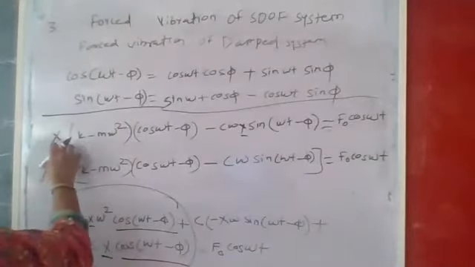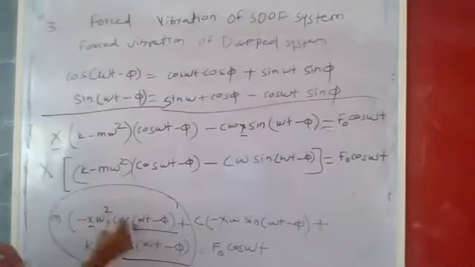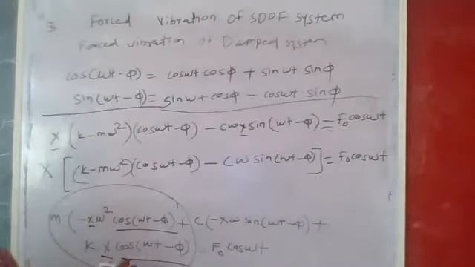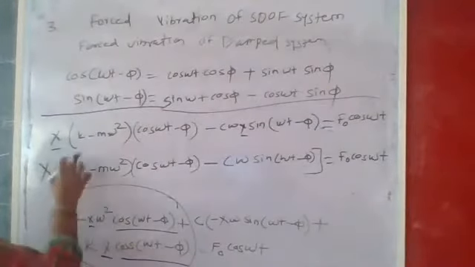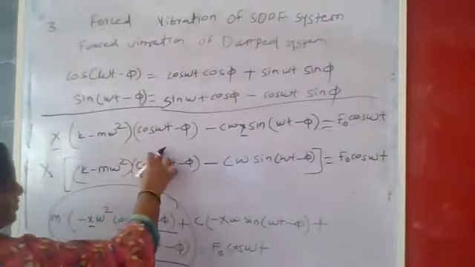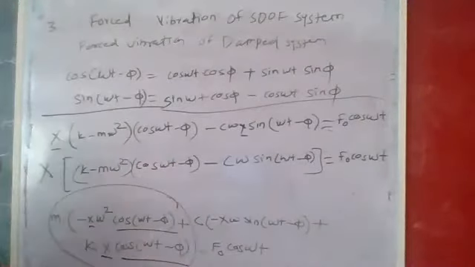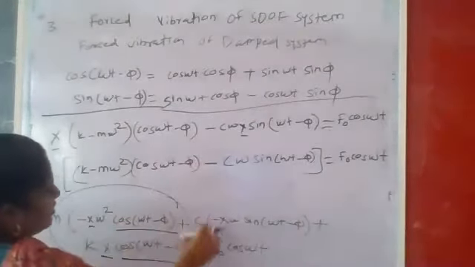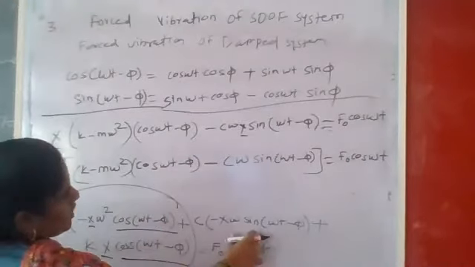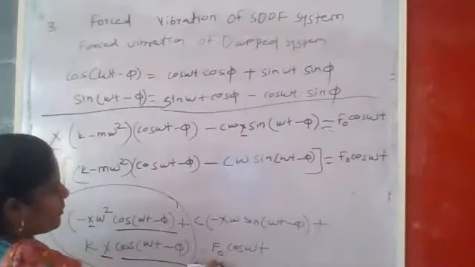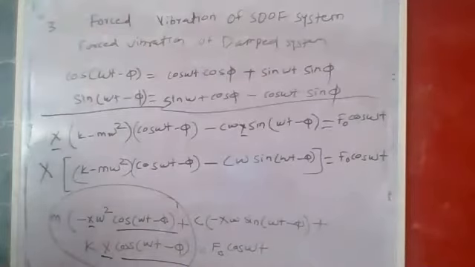If we take this common term from only these two, what remains is k minus m omega square into cos term, for the first and third term, and minus the remaining term c X omega into sin of omega t minus phi is equal to the remaining term F naught cos omega t.